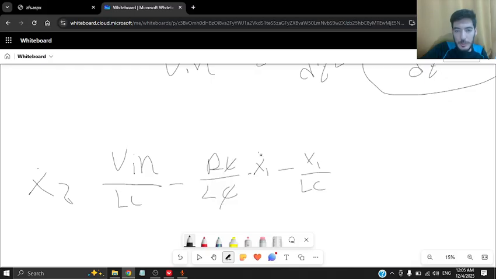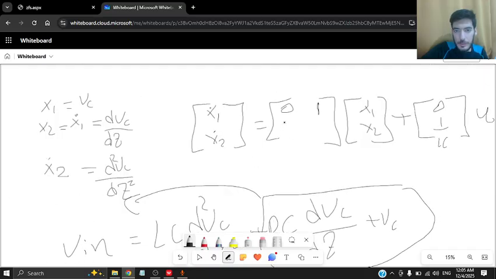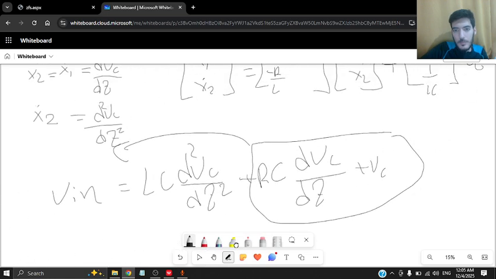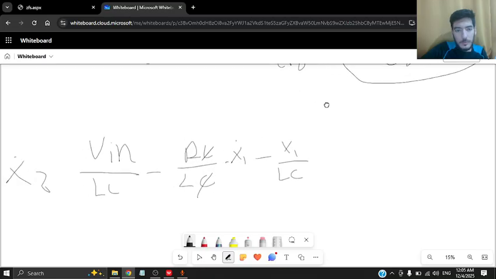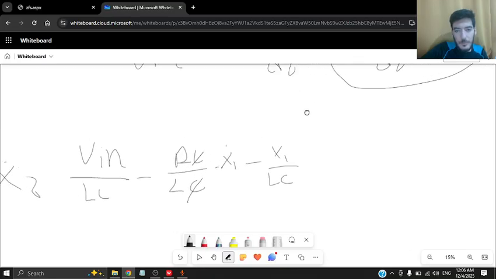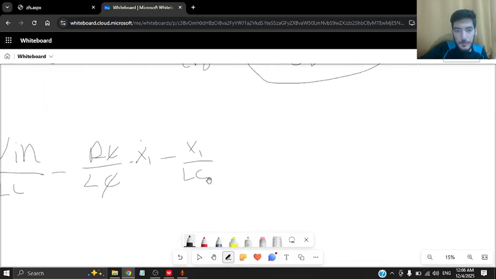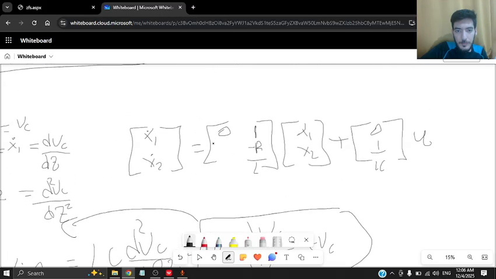So it will be equal to minus r over L. Actually, no, it will be here minus r over L. And this one here will be minus 1 over LC.